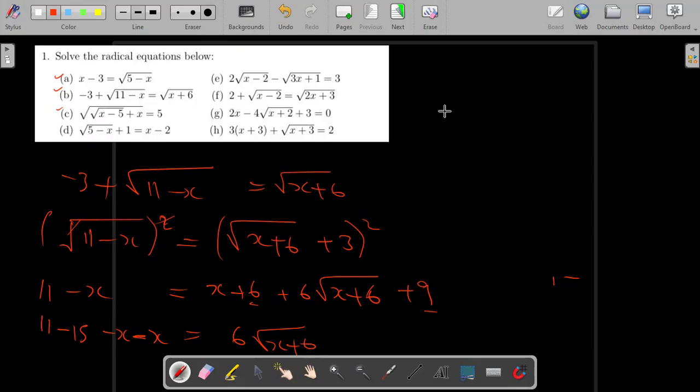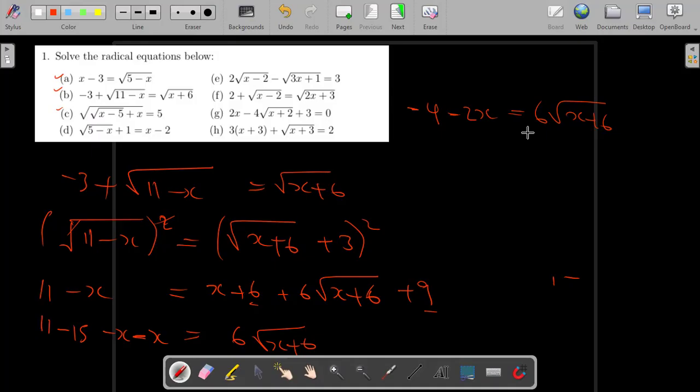When I subtract 15 from 11 there, that gives me negative 4. So negative 4, and then minus 2x is what I get, equal to 6 root x plus 6. So this is what I get here.